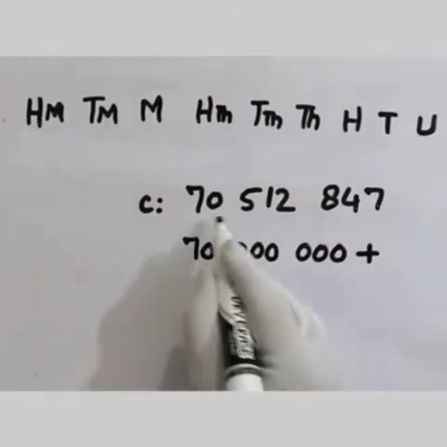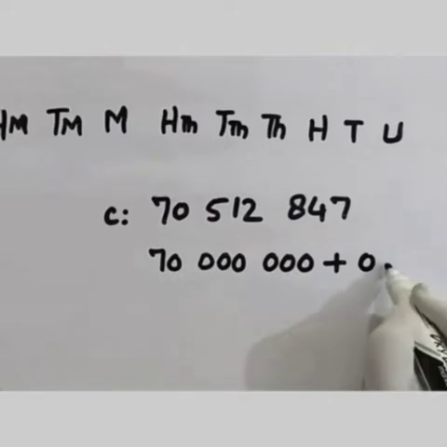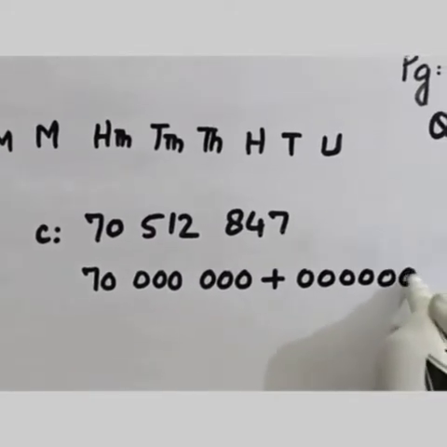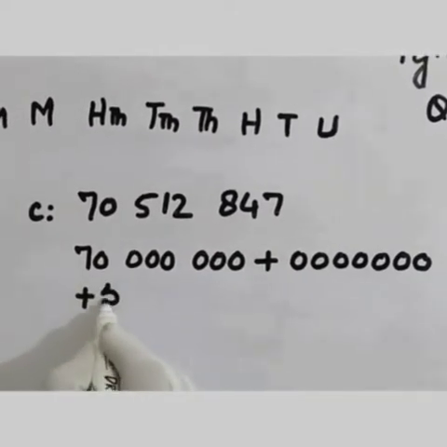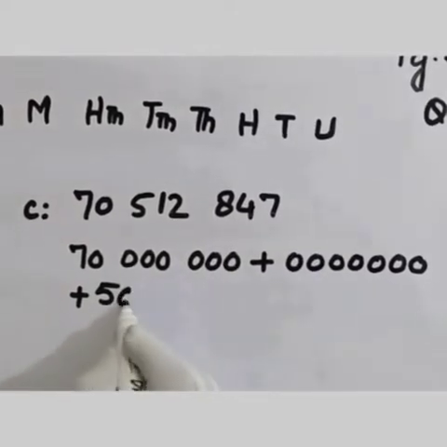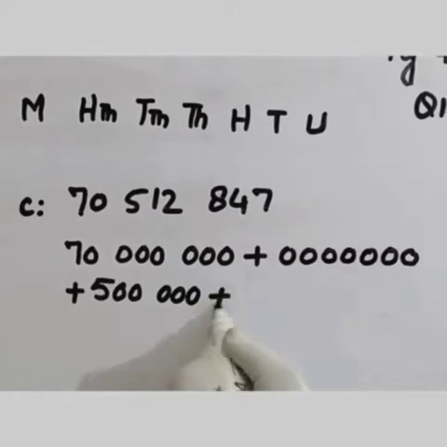After this the number is 0. And how many digits after 0? 6. 1, 2, 3, 4, 5, 6. Then 5. How many digits? 1, 2, 3, 4, 5. Then 1.